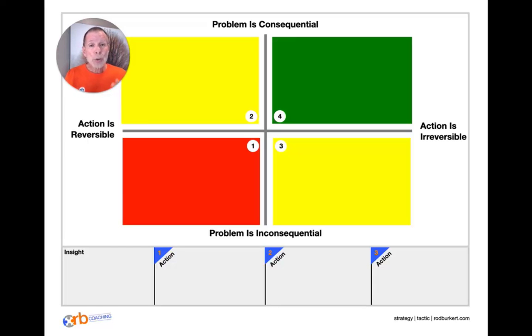Okay, so let's look at the second angle, the ROI that your pricing provides. Now, the goal here is to estimate the dollars at stake or associated with the problem so that you can price the work and then relate the expected ROI to the prospect.